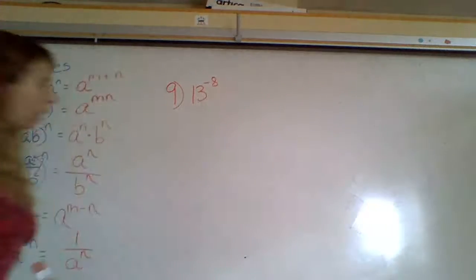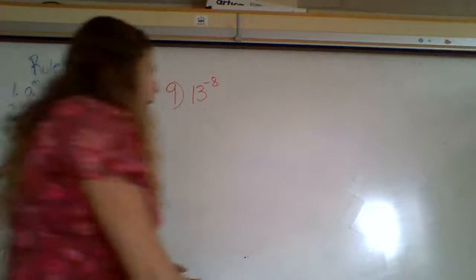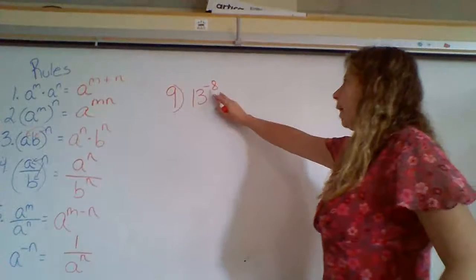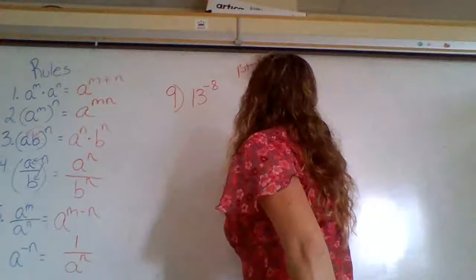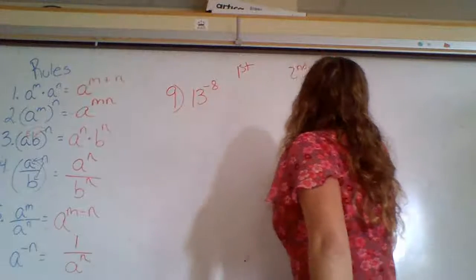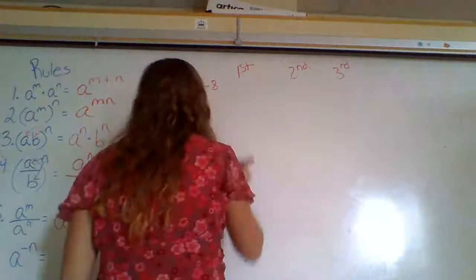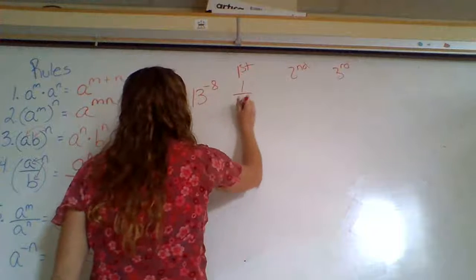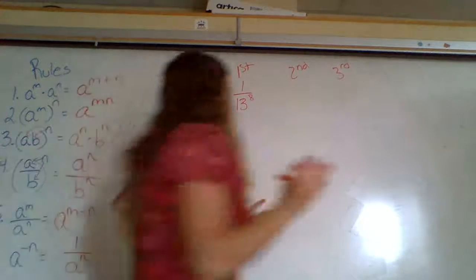Okay, so there are lots of different ones you can write. The first one that pops into my brain is, oh, I have a negative exponent. That means I need to write the reciprocal. Okay, so I need to write the reciprocal. So that's going to be 1 over 13 to the 8. All right, that's one example.